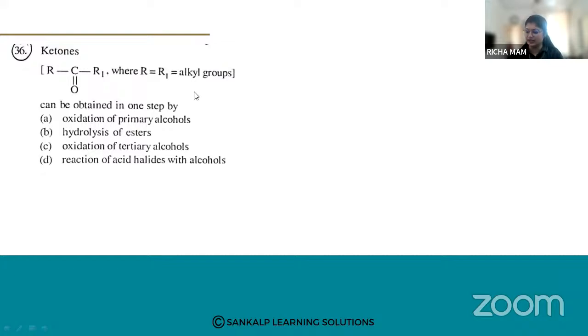So this particular group represents your ketones. This can be obtained in one step. How can it be obtained in one step? A, oxidation of primary alcohols; B, hydrolysis of esters; C, oxidation of tertiary alcohols; and D, reaction of acid halides with alcohols.